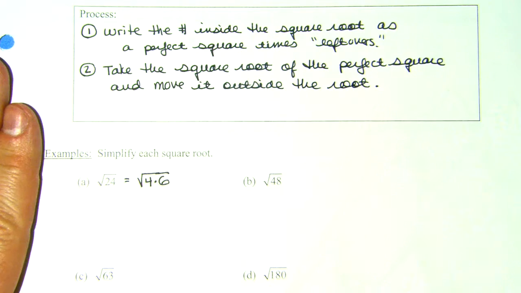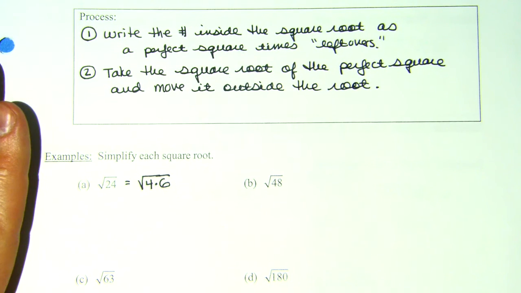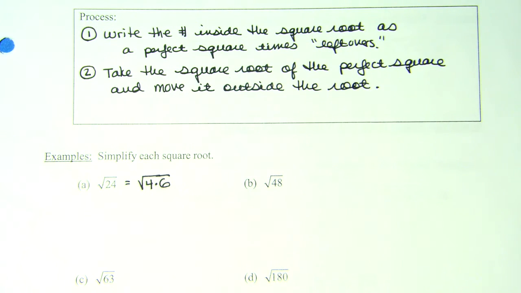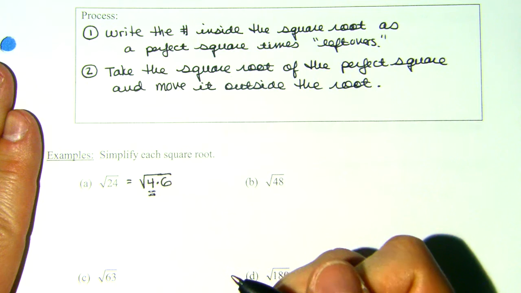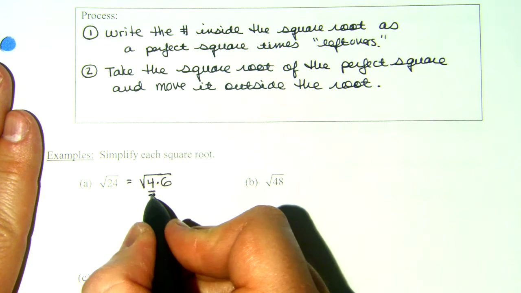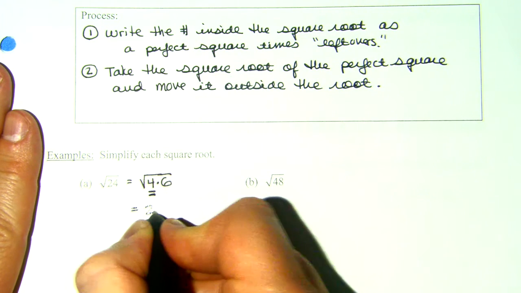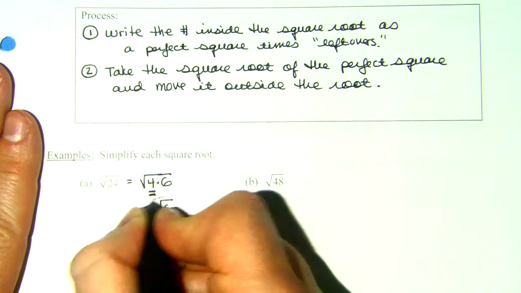Step number 2, we're going to take the square root of the perfect square and move it outside the root. The square root of 4 is 2. So I'm going to move a 2 outside my root, and I'm going to say 2 root 6.